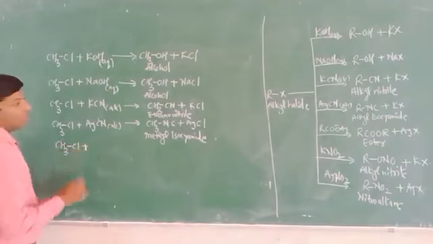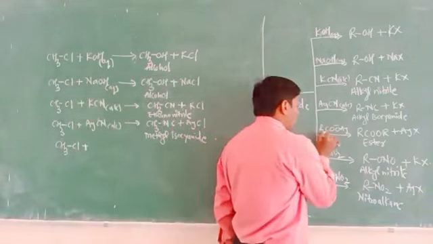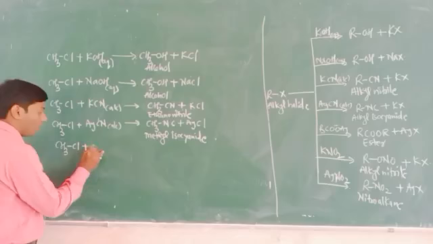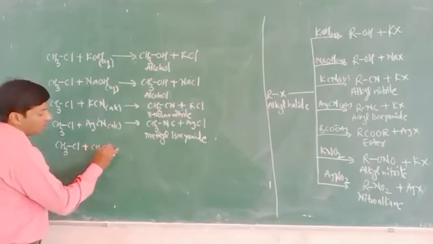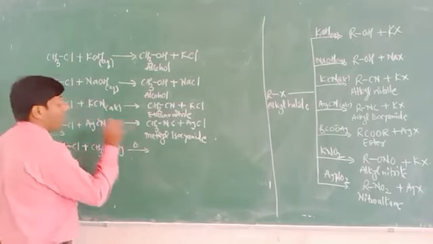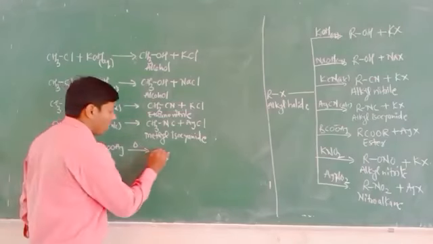It is reacted with the silver salt of the carboxylic acid, CH3COOAg. When it reacts, what does it give? It gives an ester as the product. So here I will write the ester.